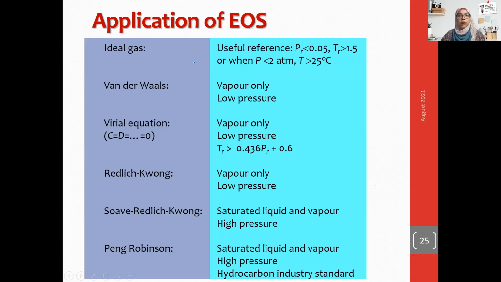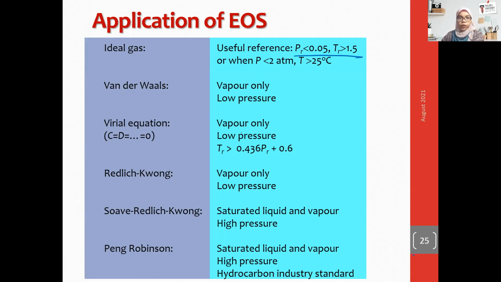Okay, in summary, we can conclude that the ideal gas law is applicable at lower pressure, below 2 atm, and temperature higher than 25 degrees Celsius, by using this correlation for the PR and also the TR. For the van der Waals equation, it can be used for the vapor only at low pressure.